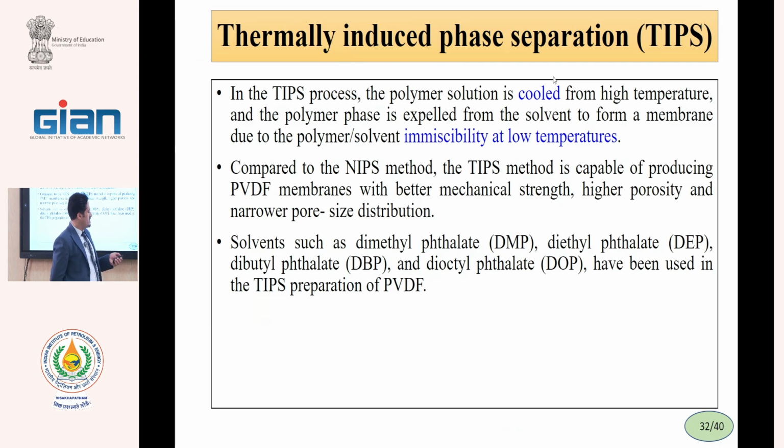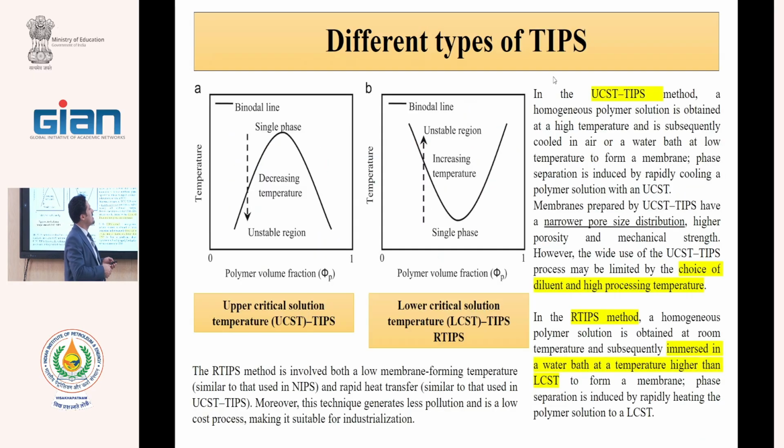But in this case, we dissolve PVDF in DOP, DBP, and at room temperature, DOP cannot dissolve PVDF. For dissolving, we need high temperature. After high temperature, we cast the films and allow the temperature to decrease.